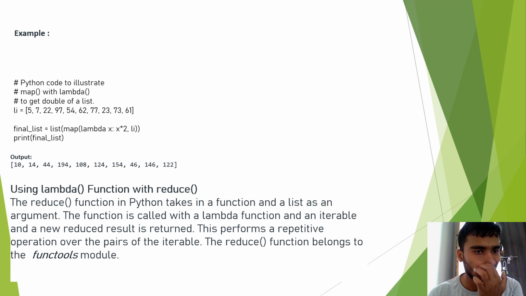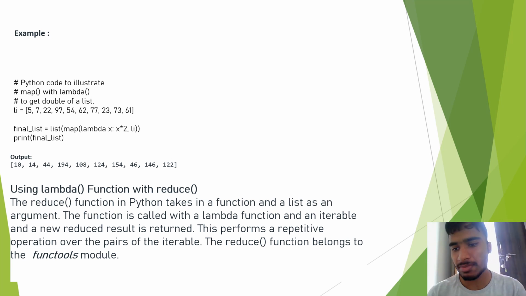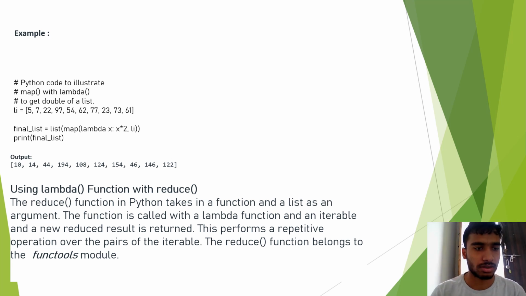We are mapping each element and multiplying it by 2. Every number in this list is multiplied by 2 using the map built-in function. The output is the double of the original list using the lambda function.